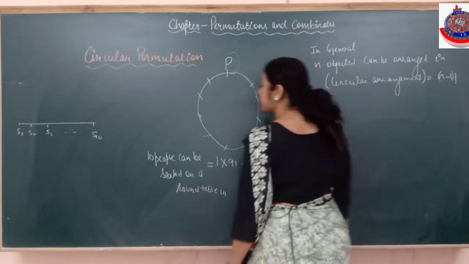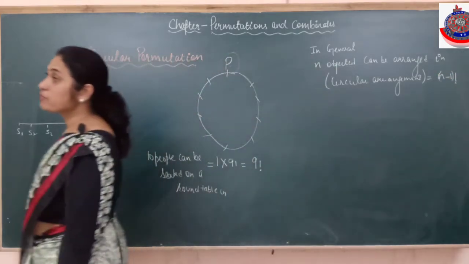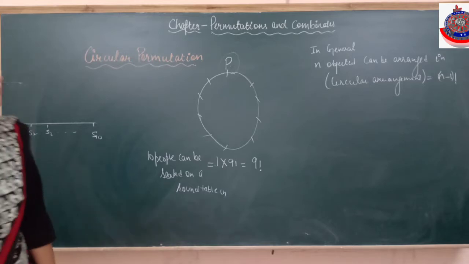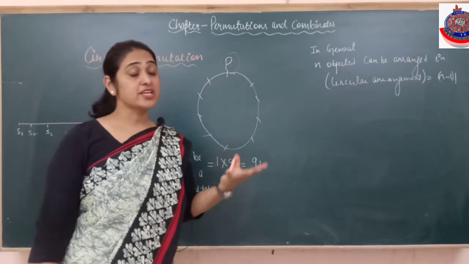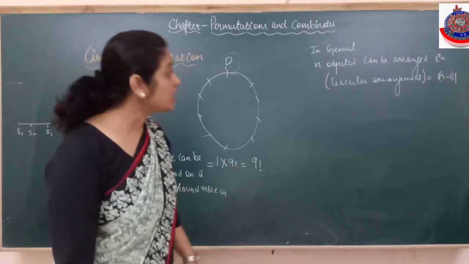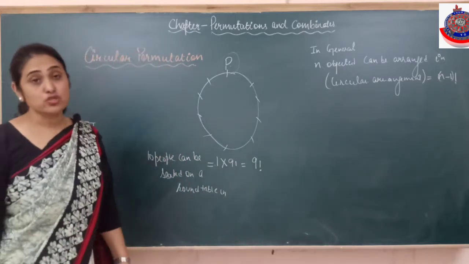Got it? Children, clear to everyone? n minus 1 factorial. Because one person I have to fix, and for the person who is fixed there is only one way of arranging. The remaining 9 can be arranged in 9 factorial ways. Is it clear? Alright, this is 9 factorial ways.